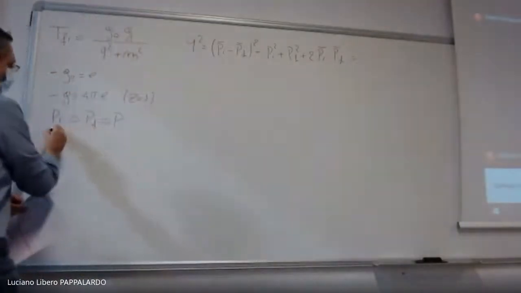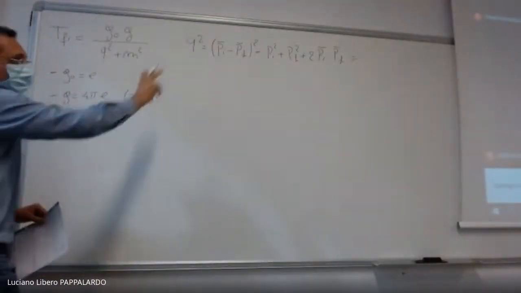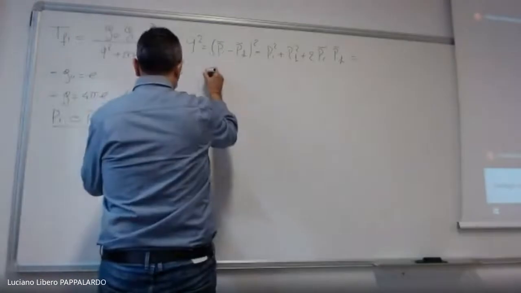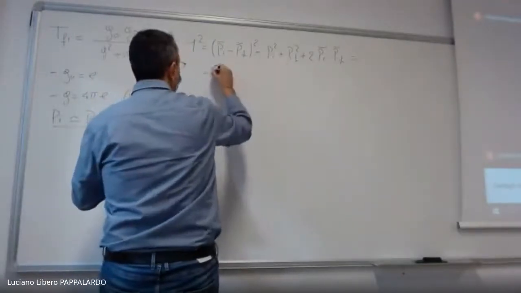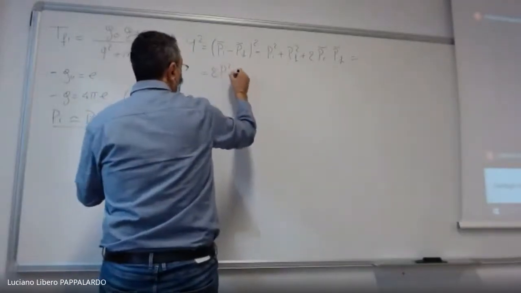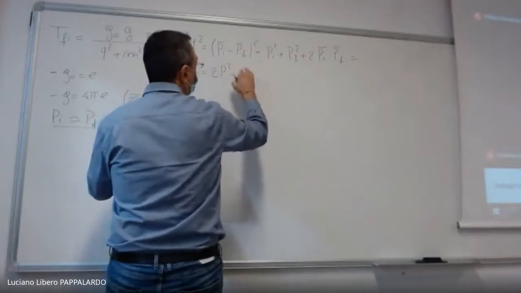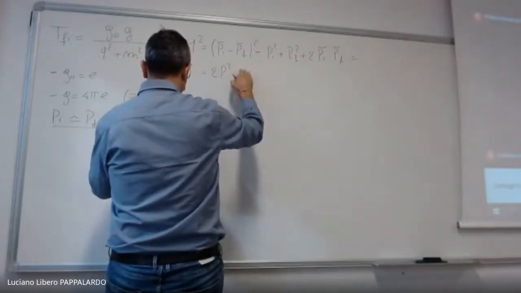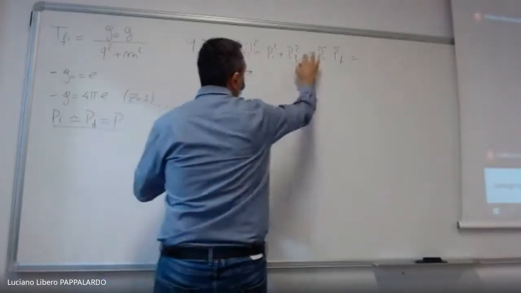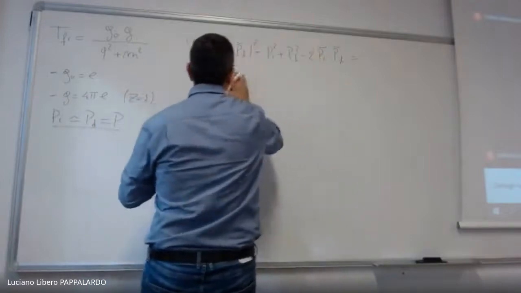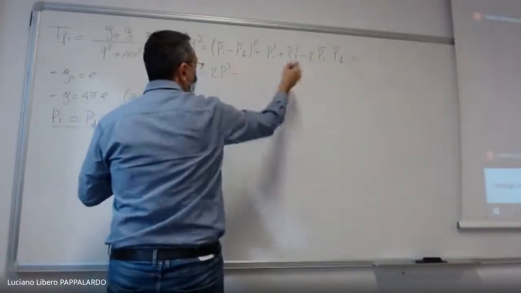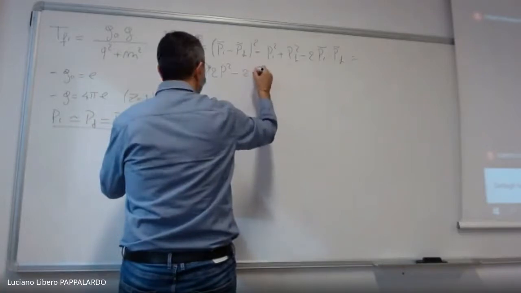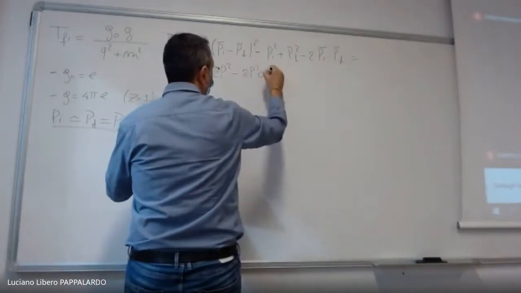Now, by making use of this simplified approach, it becomes just twice p squared minus twice p squared cosine theta.